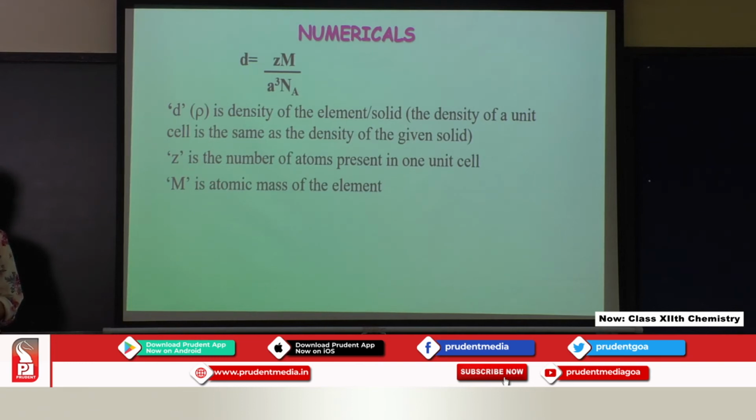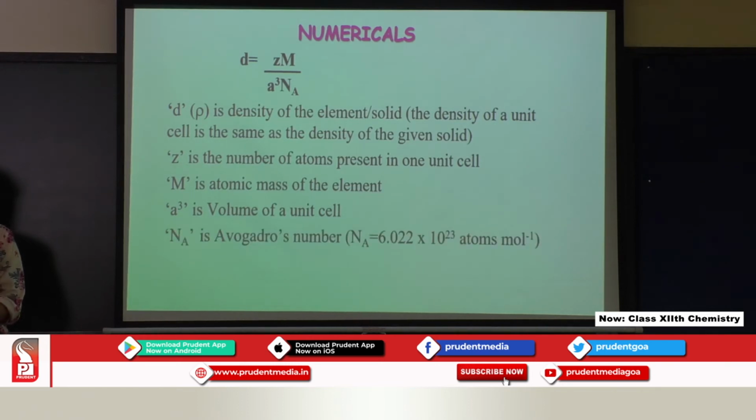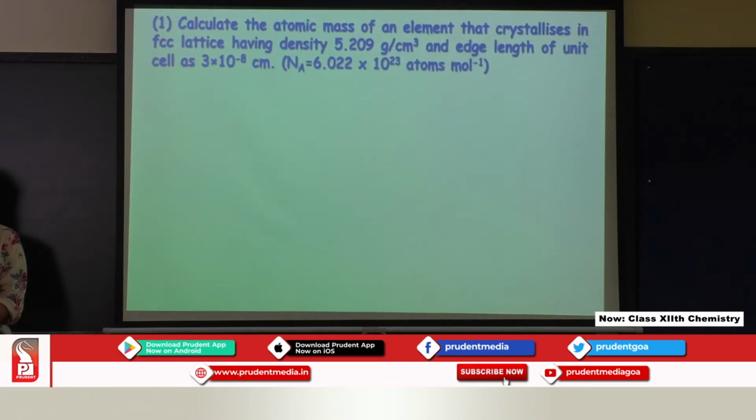M is the atomic mass of the element. A cube is the volume of the unit cell. As you know, for a cube, the formula for its volume is side cube. N represents Avogadro's number, that is 6.022 into 10 raised to positive 23 atoms per mole.